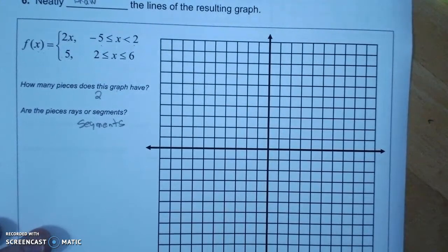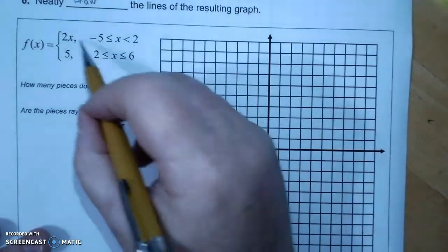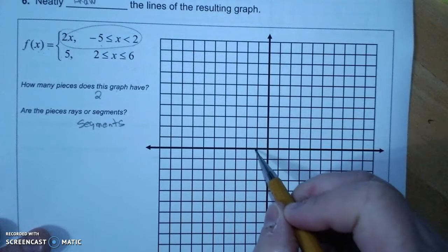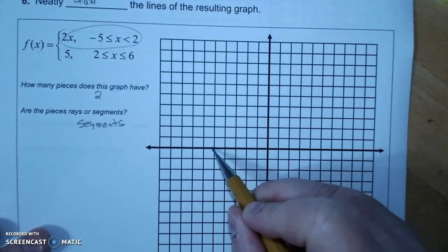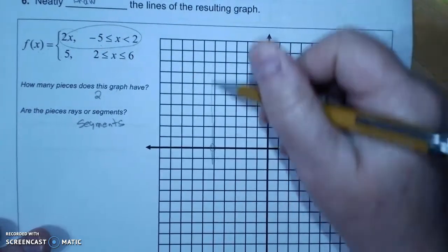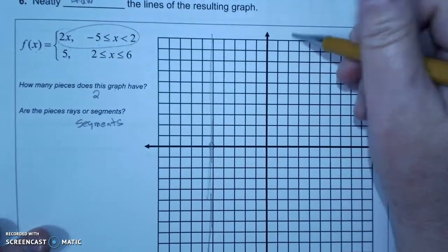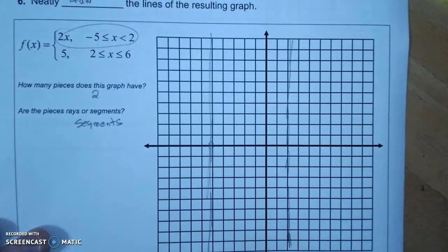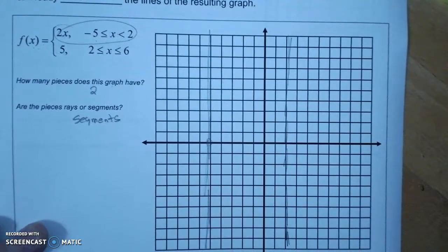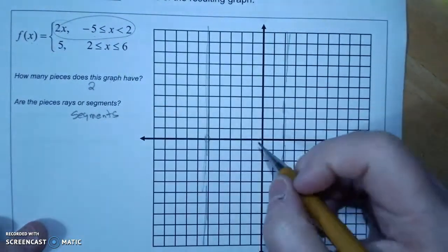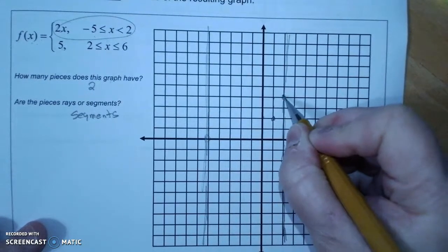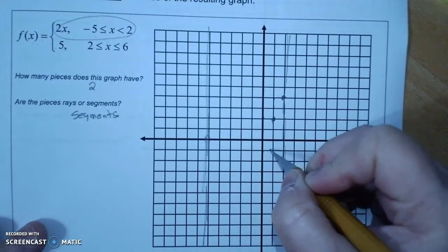So you are going to have regions, and this part is only going to show up from -5 to here. When you graph your y equals 2x, start at the origin, go up 2, go up 2, go down 2.